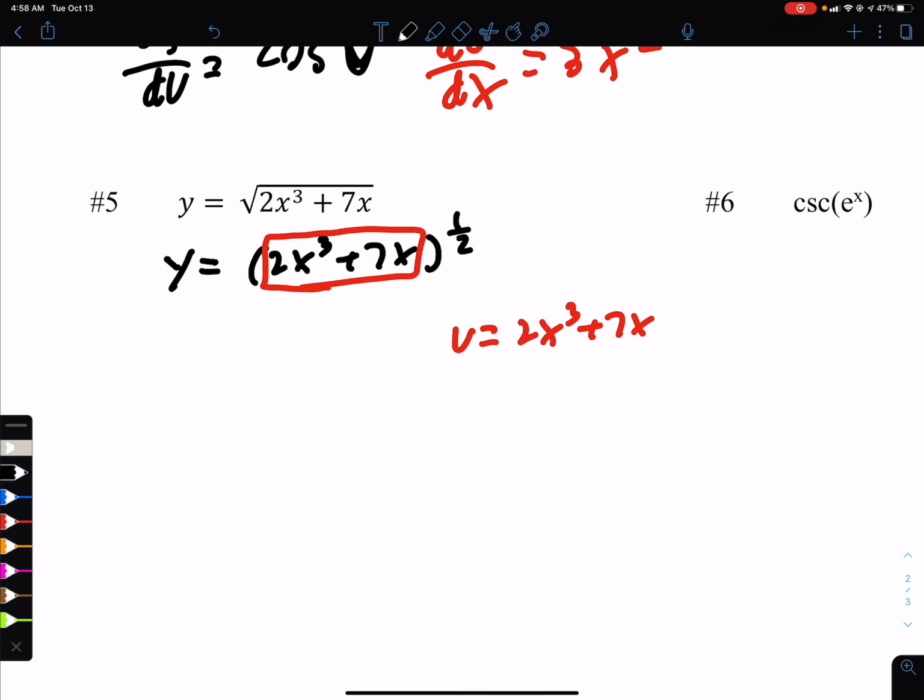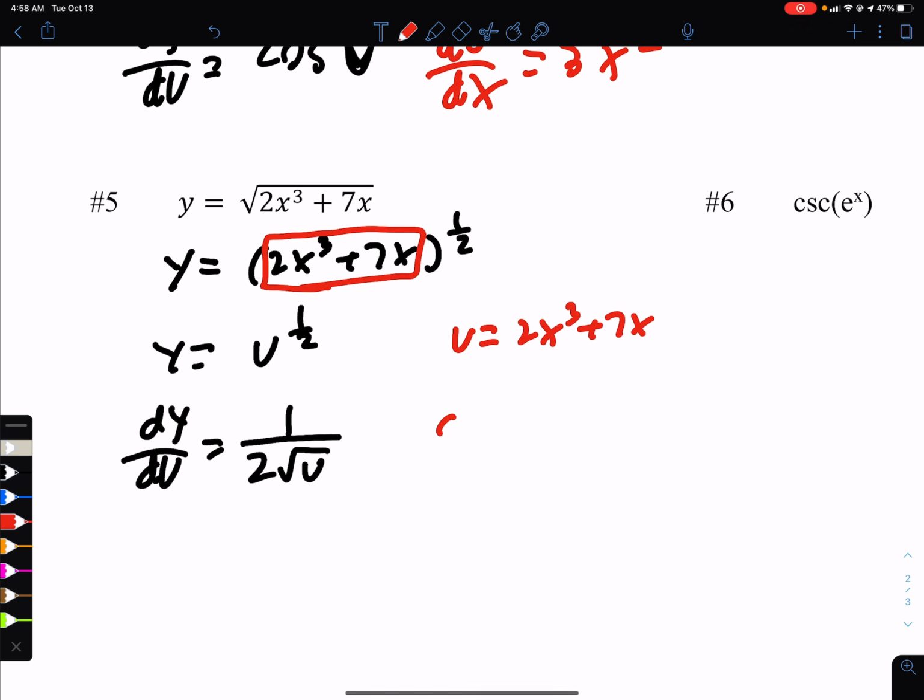Then we rewrite our function, it's u to the 1/2. I can find dy/du, and you should know, hopefully by now, it's 1/2 radical u. And I can find du/dx, that's 6x squared plus 7, just using our power rule.